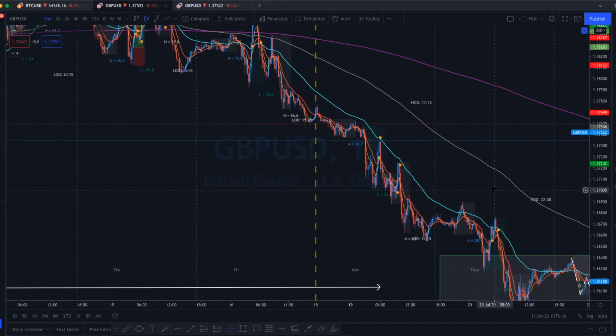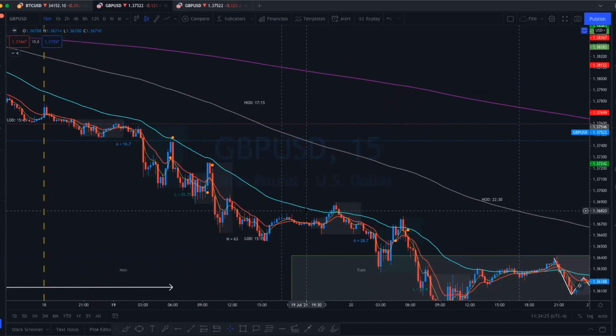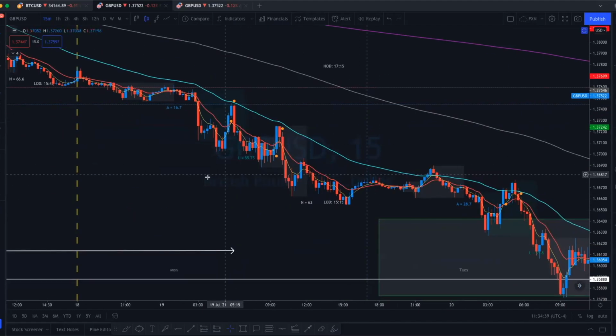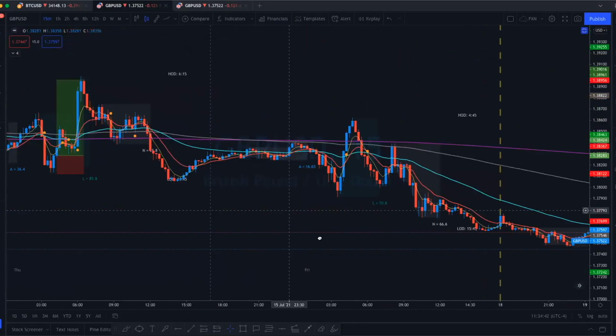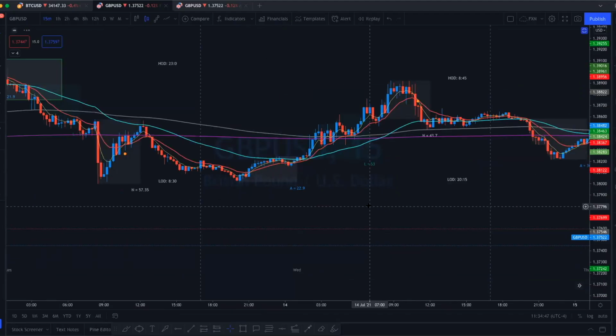So, key factors of the EMAs. On type 3 setups, you want to have a pin of the 50. Like for me, I don't take a type 3 setup that doesn't pin to the 50. On type 1 setups, you're not always going to get a pin to the 200, because clearly sometimes the EMAs are not going to be there to help you pin.